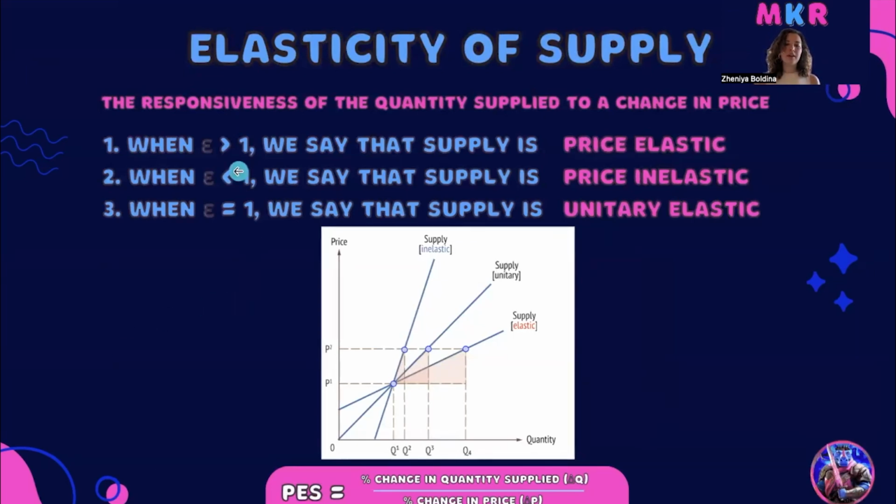In this case, it's price inelastic if our price elasticity is less than 1, and if it's greater than 1, it's price elastic, so the slope is not as steep here. And just like for demand, if it's unitary elastic, the slope is 1, so our change in quantity supplied and price is proportionate.